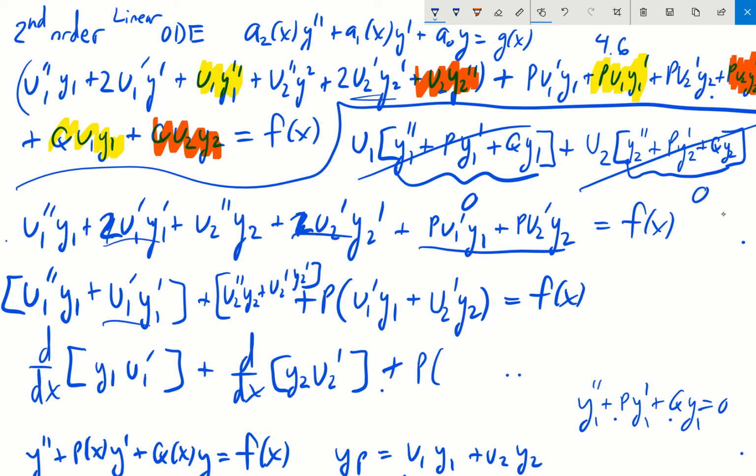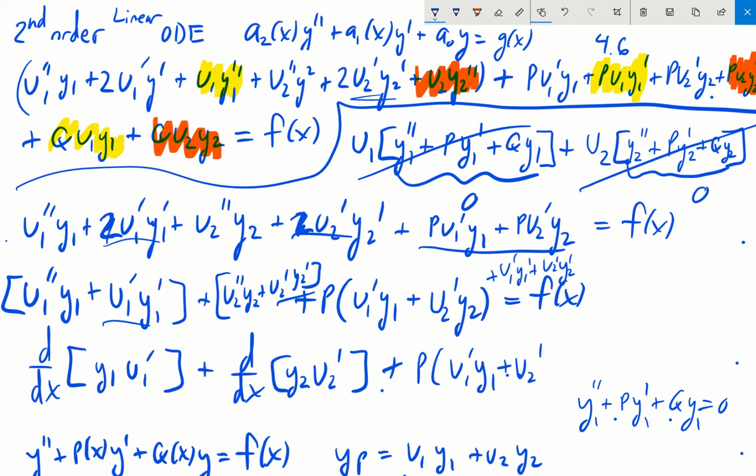I'm going to group one in here, and then I'm going to add on the extra ones at the end. So we have extra u1 y1 plus u2 y2 prime. So u1 prime, and these are big old whiteboards we have in the college. But we got this.